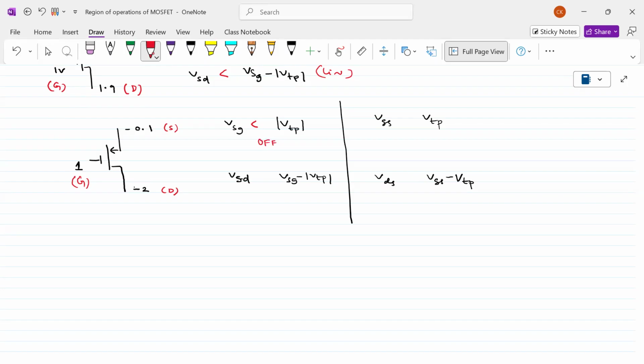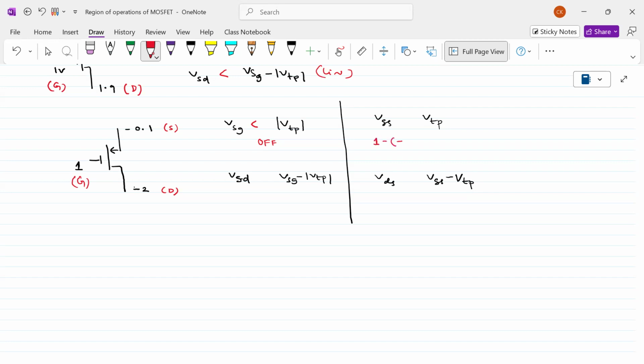What about here now? In this case, I have to look at it this way. VGS, so greater than. What is the gate potential here? 1 volt.